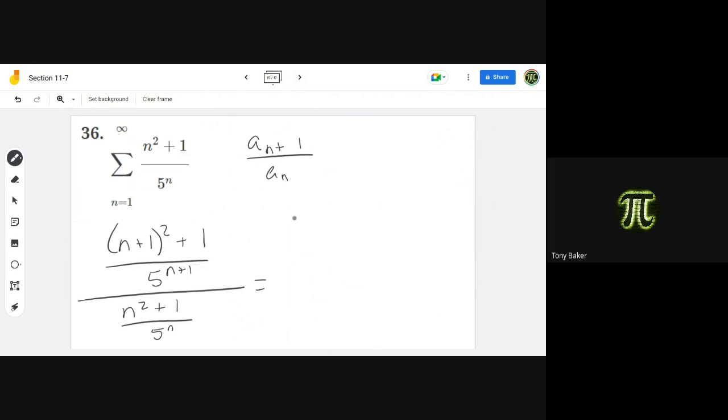So I have n squared plus 2n plus 2 over 5n times 5. Not 5n, 5 to the n.